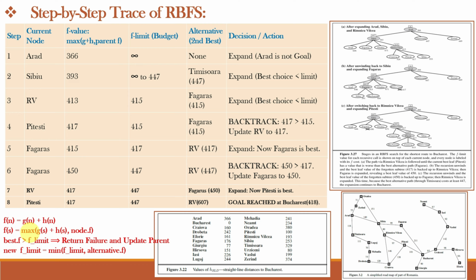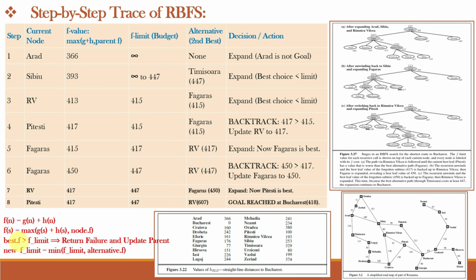So maximum of 415, comma, node dot f, that is the parent node, and that parent node value is 393. So maximum of 415, comma, 393 will be the fs value. So maximum is 415 because 415 is greater than 393. So here 415 will be written. Similarly, these other values are calculated.